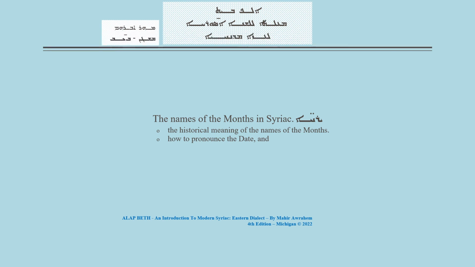Five in the month of June. That's exactly how we say it. Can we omit yarkha? Yes, we can omit yarkha, and we move the beth to replace the daleth in the month name.